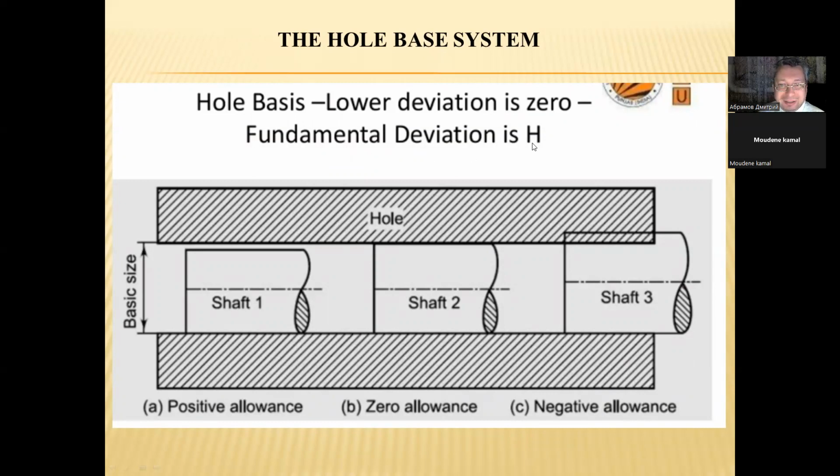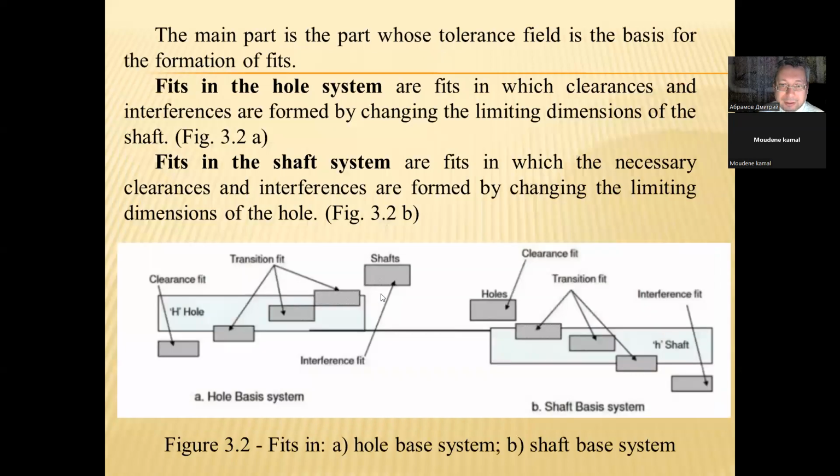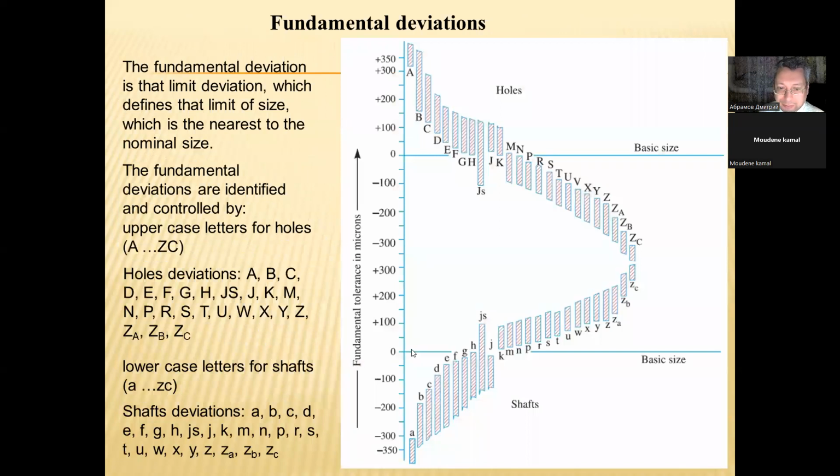Its fundamental deviation is H. If we take this scheme, we find the fundamental deviation of the shaft, small h, and the fundamental deviation of the hole, big H. This is the tolerance field, and the fundamental deviation of the hole is equal to 0, because it's the 0 line.